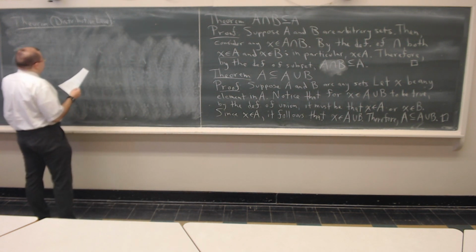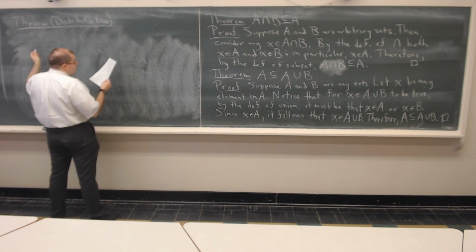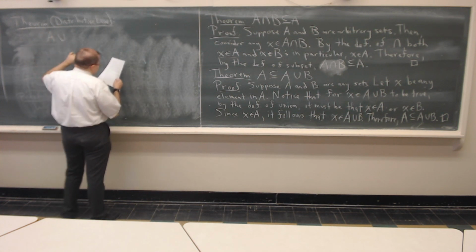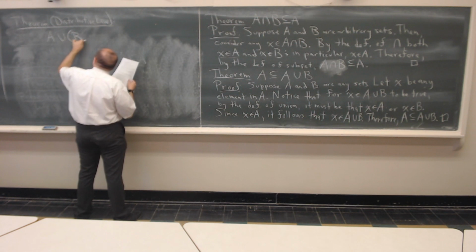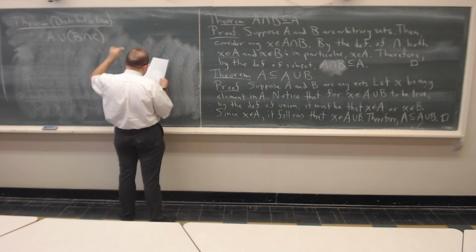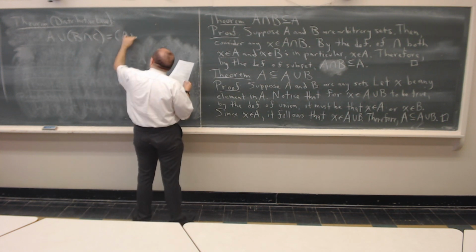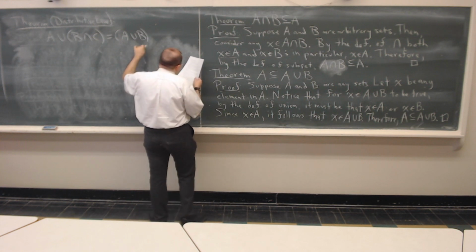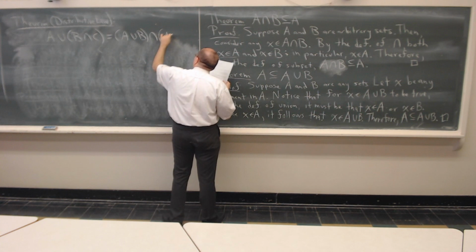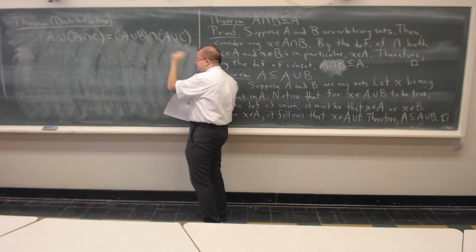So let me state the distributive law. This one's going to be a bit of a mouthful. If I give you three arbitrary sets, A union B intersection C, this is going to be equal to A union B intersection A union C. So this is the statement.